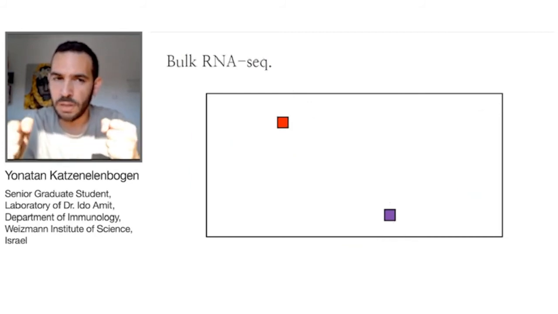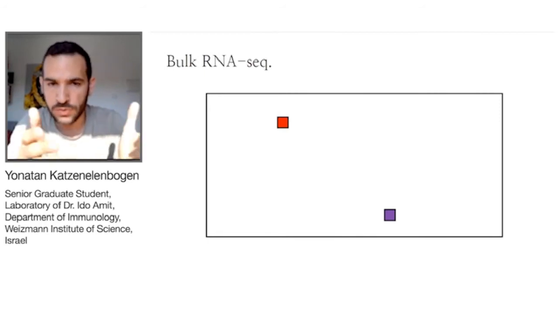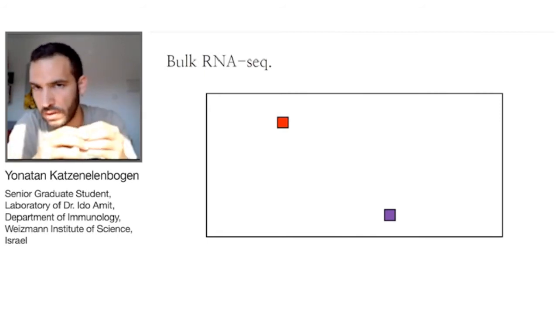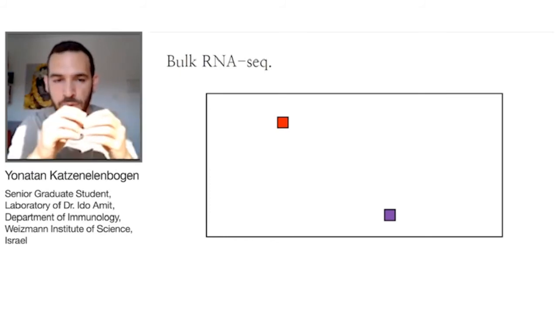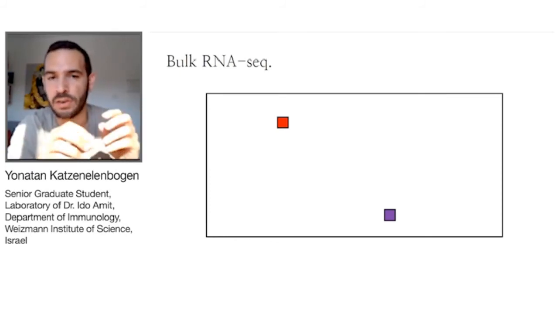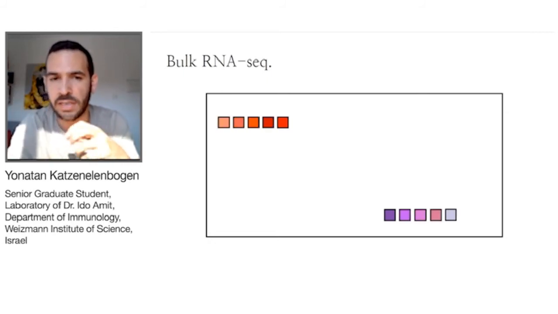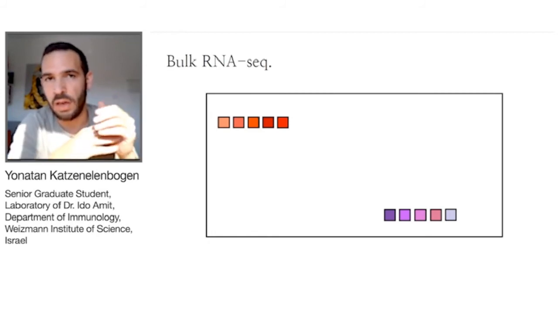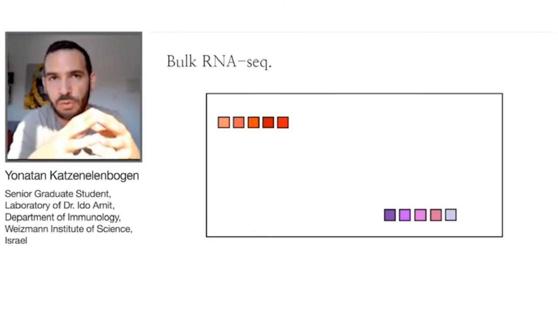So when we do bulk RNA-seq, as Mandovi said at the beginning, let's say this red cell is a CD8 T cell that you sorted after staining it extracellularly. These CD8 T cells have a lot of different flavors within the tissue, but you sorted all of them.